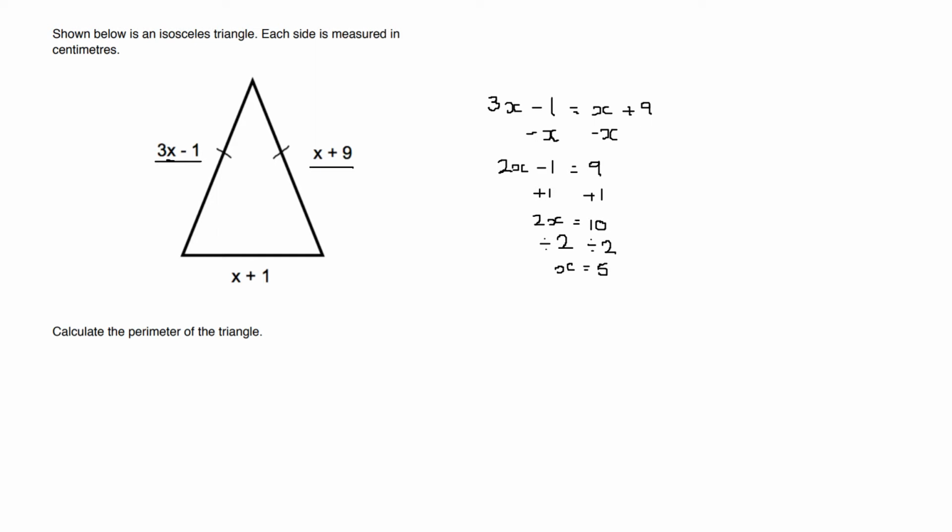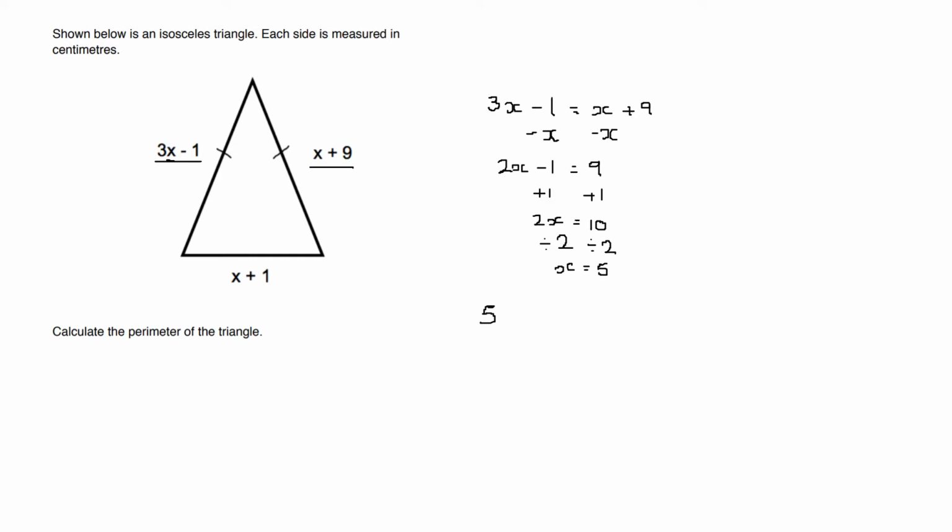Now I can substitute that value of x into each of these side lengths to find out how long they are. So I know that these two are the same length. So 3x minus 1 and x plus 9 have got to be the same length. So I'm just going to work out x plus 9 because it's the easiest one.